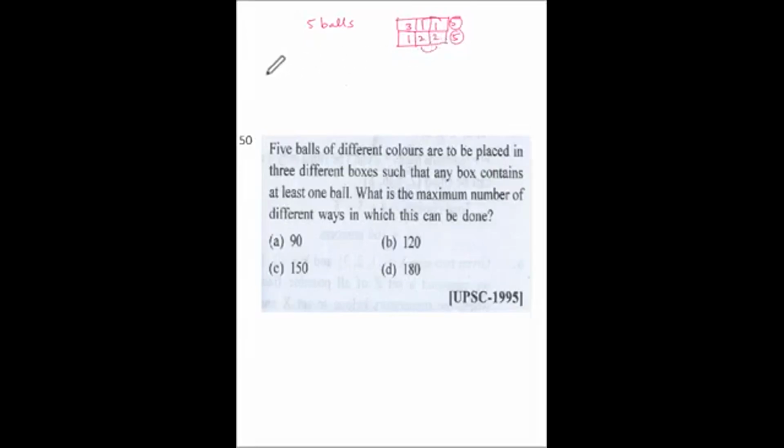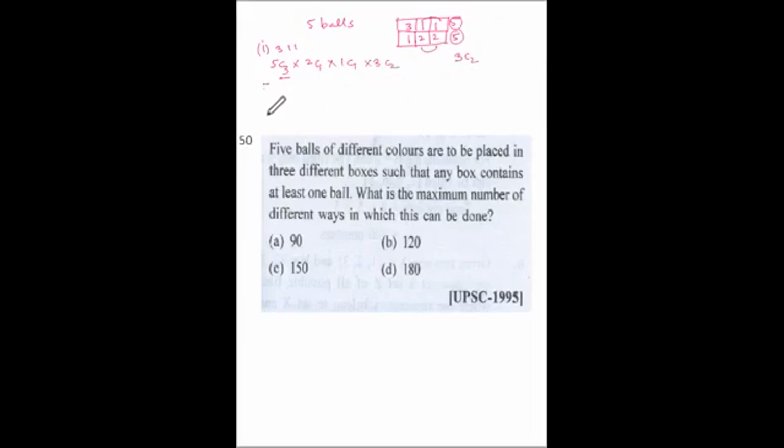So we write down first case 3 1 1. 5C3 into 2C1, because after taking 3 balls 2 balls are there, and out of that we have to select 1 ball, then 1C1, and these two 1 and 1, it can be selected 3C2, so multiplied by 3C2.